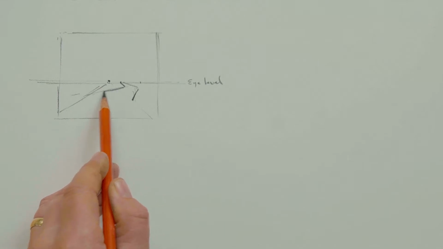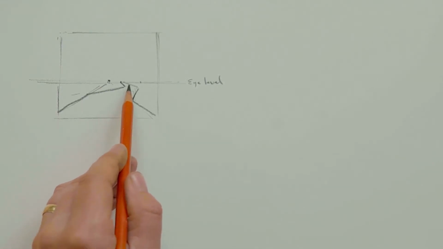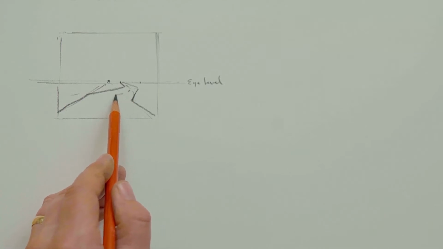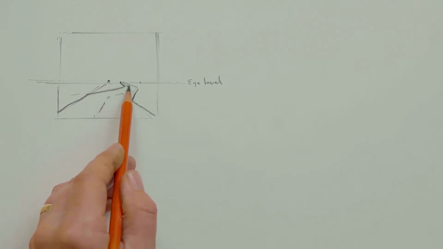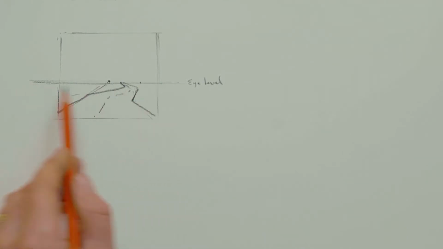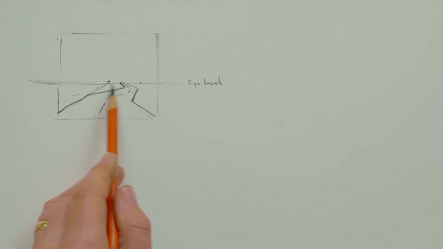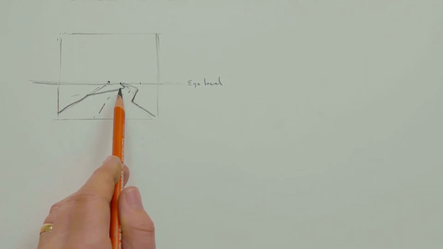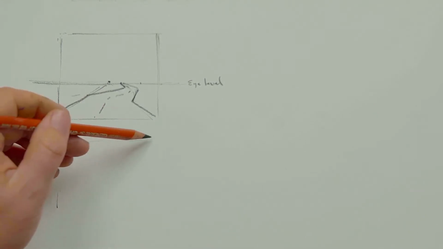So some, like a country road, will wander its way, and then here's maybe the lines in the road. It will wander its way through and switch vanishing points along the eye level, as long as the road is perfectly flat and horizontal.